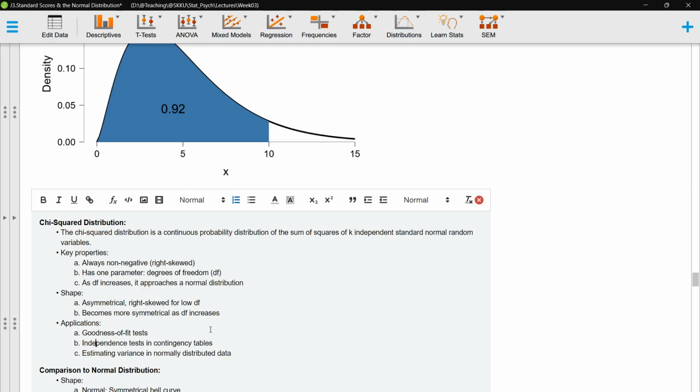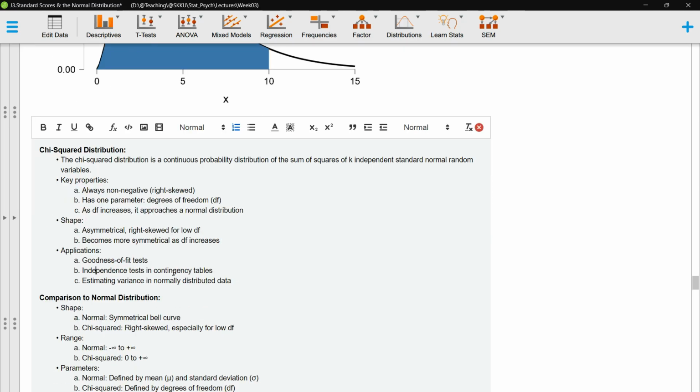Another one is the independence test in contingency tables. We will talk about this when we deal with the associations between categorical variables. At that time, we will use the chi-square distribution for the test of independence. It also is used for estimating the variance in normally distributed data.